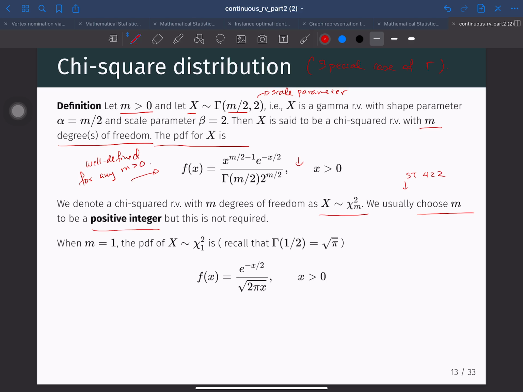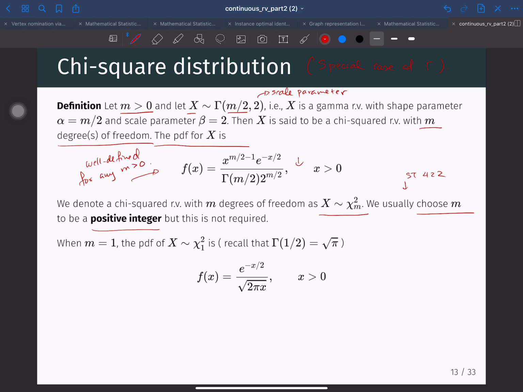So what we then have is the probability that x is less than or equal to little x, where x is z squared. This is a typo here. This has to be the probability that x is less than or equal to x, which is the probability of z squared less than or equal to x. Because it is not monotone, you have to replace it with this probability.